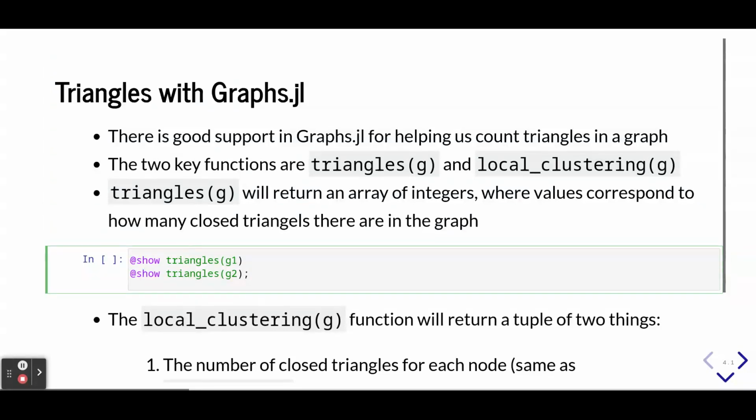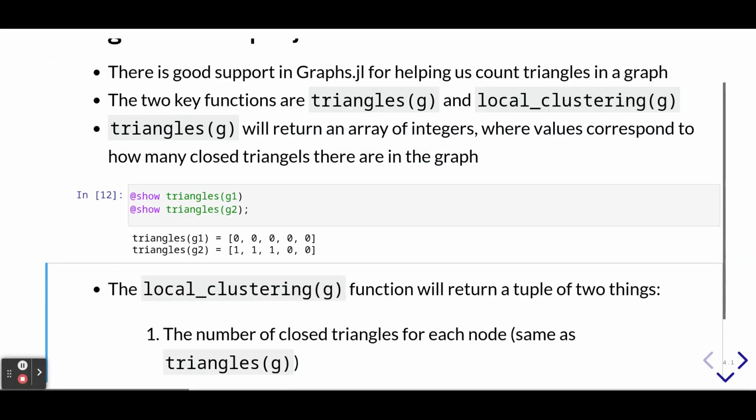Now let's take a look at what this may look like. Here, we're going to @show the value of triangles for the first graph, and then @show triangles for the second graph, where we added that edge between nodes B and C. What we get back here is a 5-element array, one element for each of the nodes in our graph.